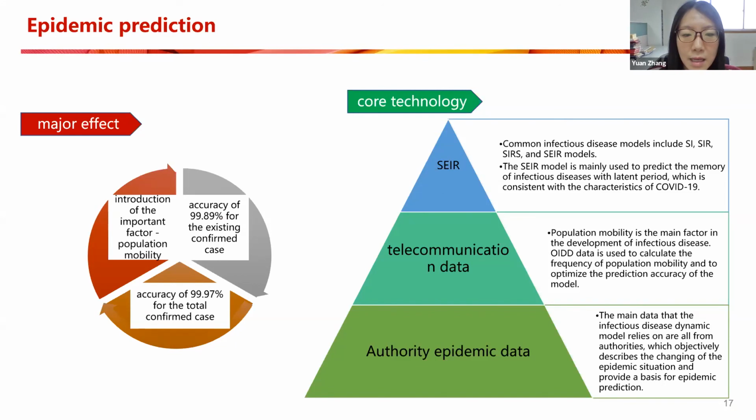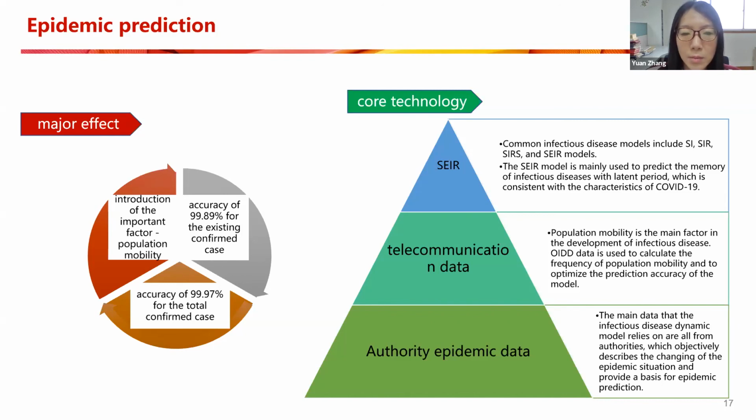The main data that the infectious disease dynamic model relies on all come from authorities, which objectively describe the changing of the epidemic situation and provide a basis for epidemic prediction. The application has introduced an important factor, population mobility. As population mobility is the main factor in the development of infectious disease, the OIDD data is used to calculate the frequency of population mobility and to optimize the prediction accuracy of the model.